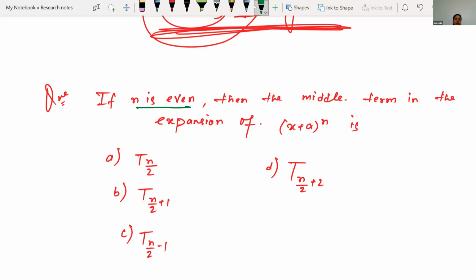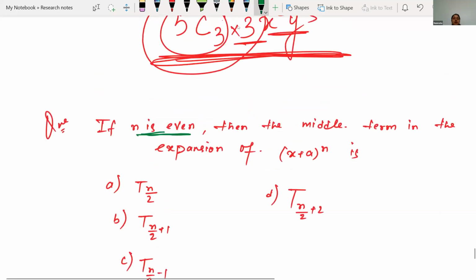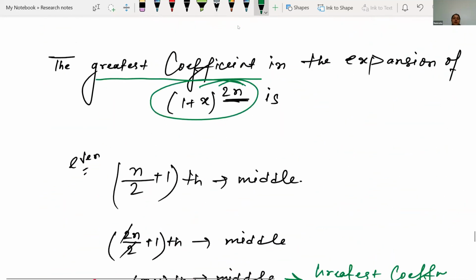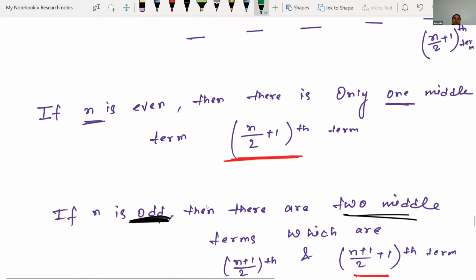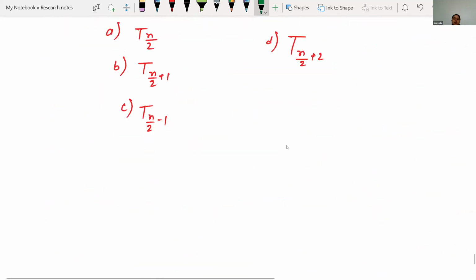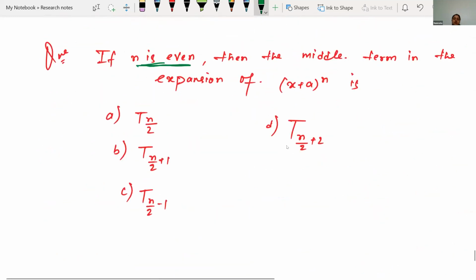n is even. When it's even, how will we find the middle term? Can you see this rule? Yes, ma'am. So which one is the correct option? This one, right?